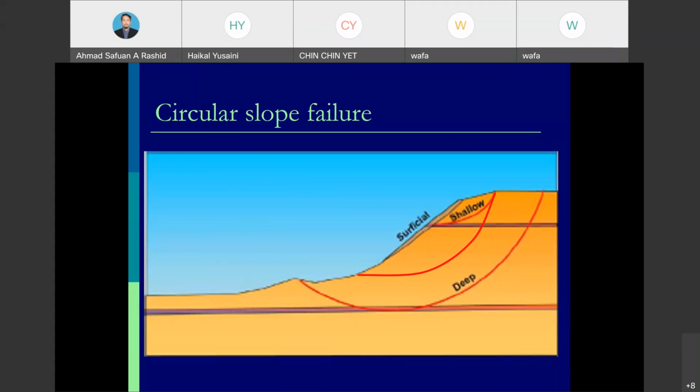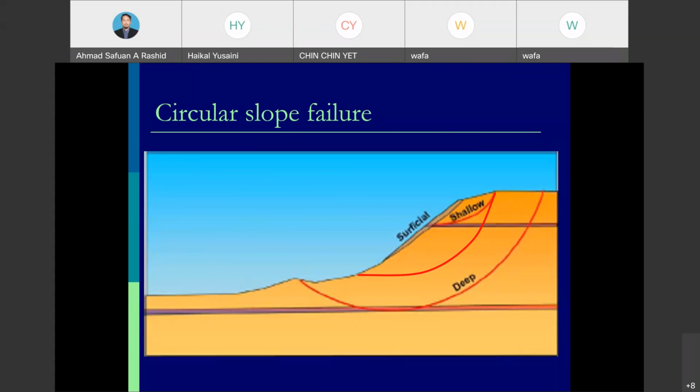So we may refer to three types of failure. The first is superficial, which is the erosion that normally happens on the slope surface. Then we have a shallow failure, and also a deep seated failure.